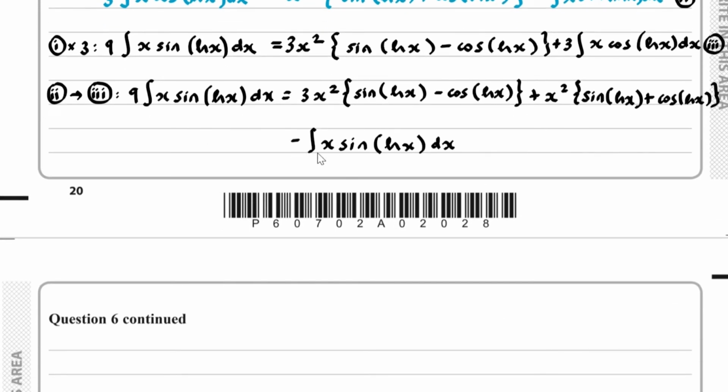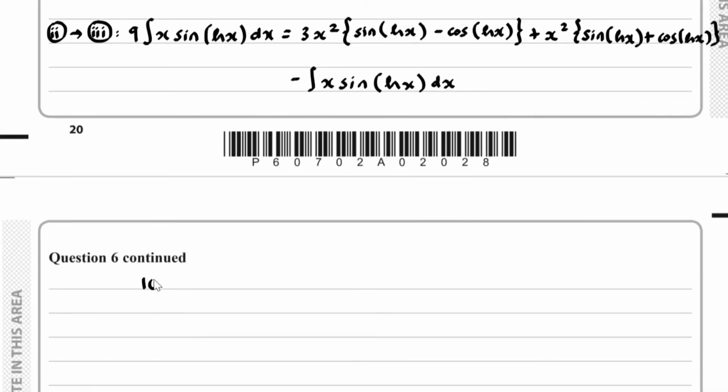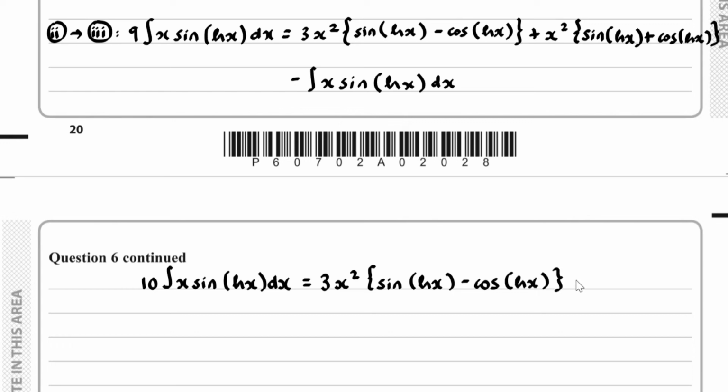And if I add the x sine natural log of x to both sides, then we have 10 times the integral of x sine of natural log of x equaling 3x squared times the sine of natural log x minus the cosine of natural log x, plus, here I'm going to expand this as x squared times the sine of natural log x plus, well, let's expand here as well.